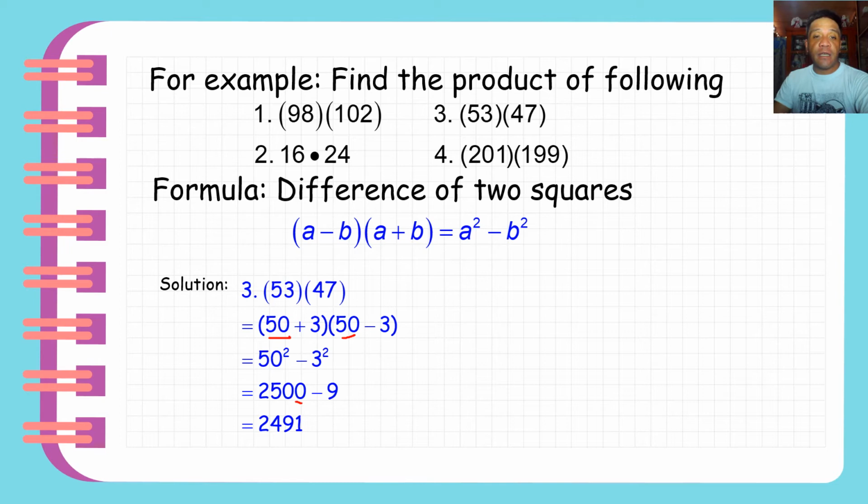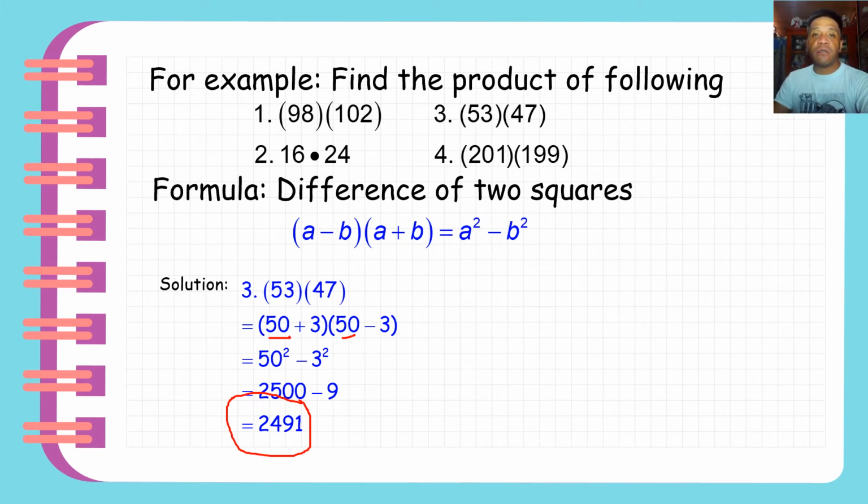And then again, take note that we just try to solve it through our mind. Solve it mentally. So in less than 10 seconds, we are able to answer the product of the two factors.